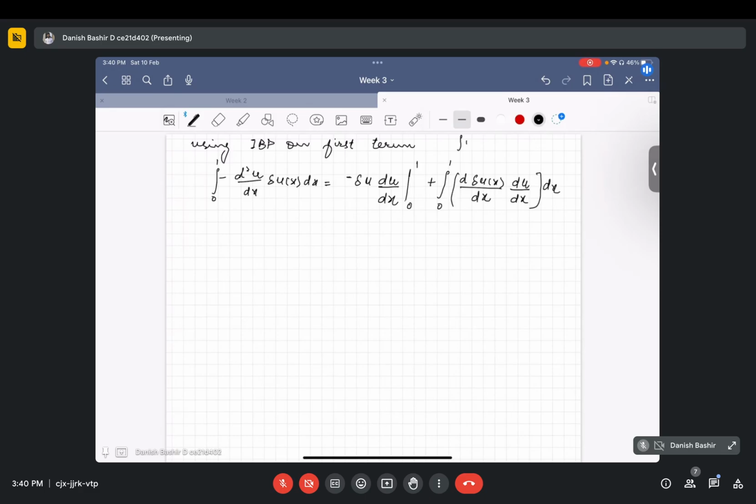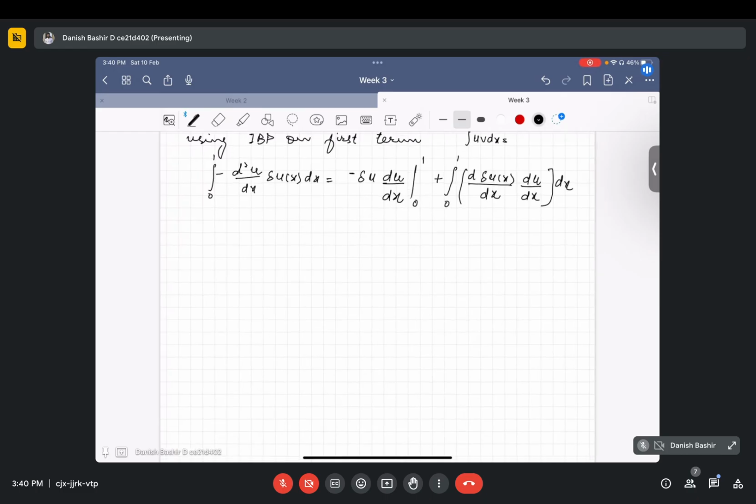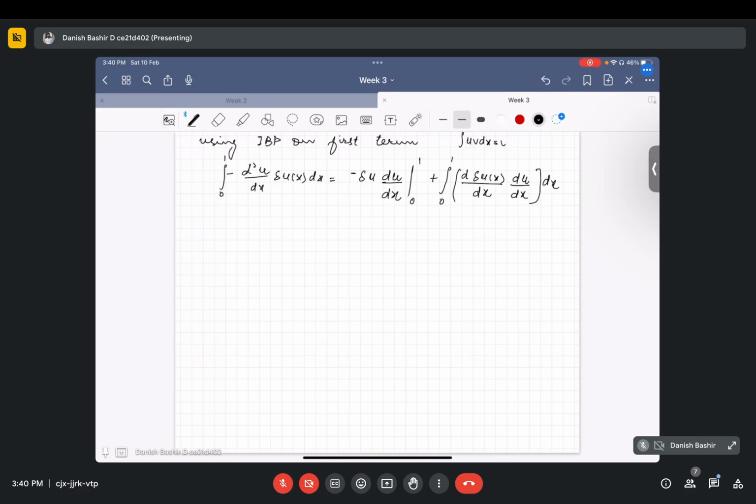Because we know that the integral of u v dx is equal to u times the integral of v dx minus the integral of du by dx times the integral of v dx, dx. This is the same formula I have applied here.